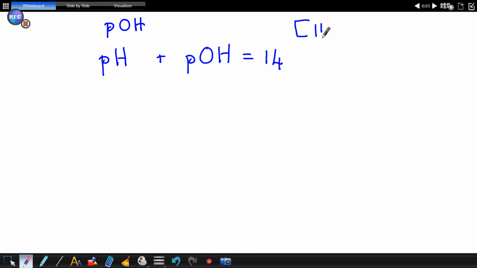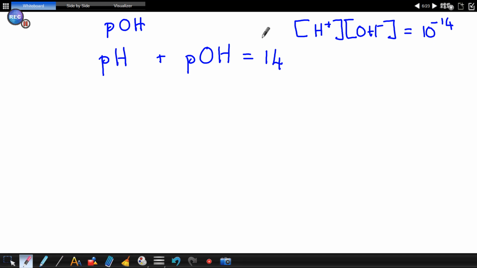Let's calculate pOH. pH and pOH would add up to what? 14. Because the concentration of hydrogen ions times the concentration of hydroxide ions is 10 to the minus 14.